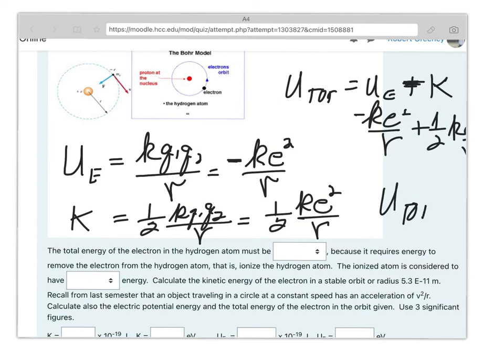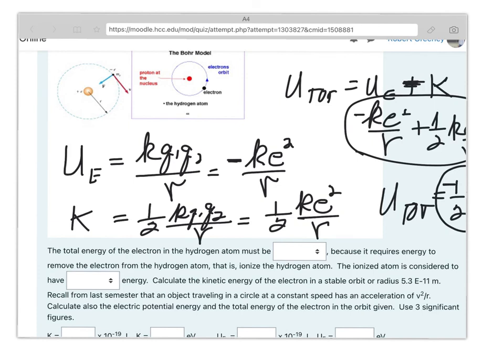The total energy ends up being negative 1/2 k e squared over r when I add these two numbers. And so the ionization energy, that's the total energy. The ionization energy has to be this amount of energy.